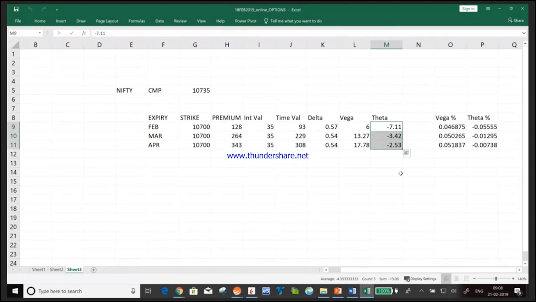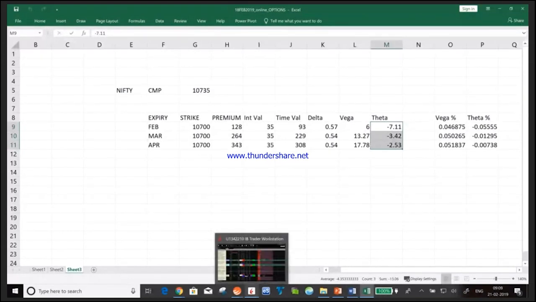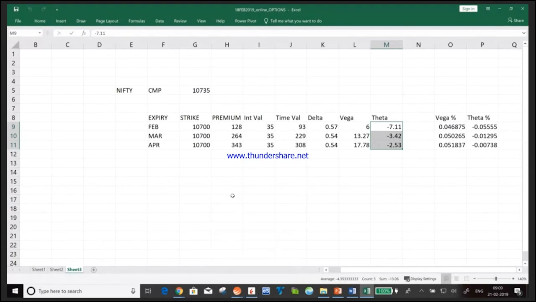Yes. So theta is all dependent on time to expiry, remember. Got it? Is this clear to everyone?